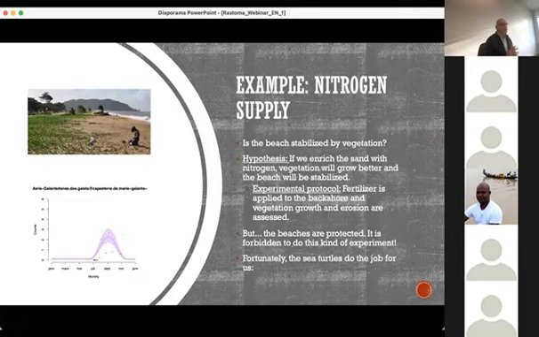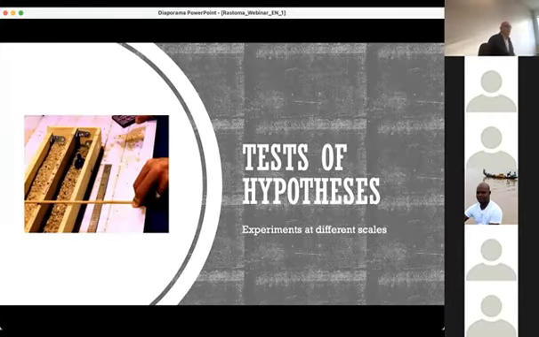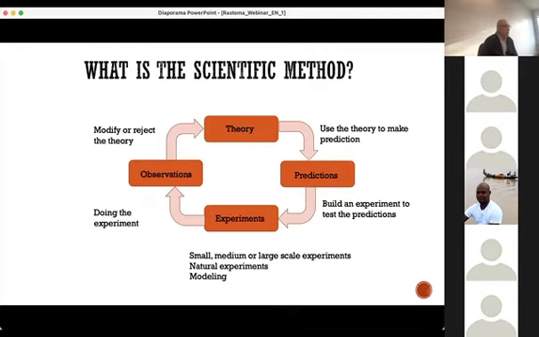So this is a natural experiment. Here, when we come back to the experiment, we can do small, medium, large-scale experiment, natural experiment, but also modeling.